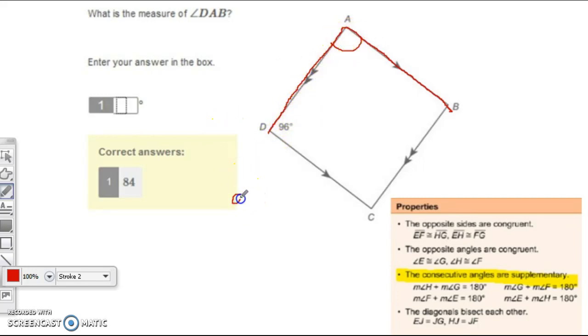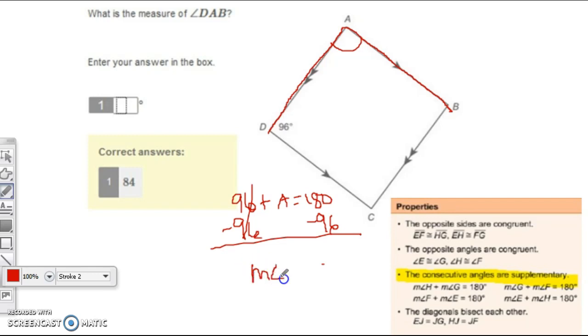So we could say 96 plus angle A equals 180, which is simply a fancy way of writing out the equation in order to say that you're going to subtract 96 from 180 to figure out your answer. So the measure of angle DAB is 84 degrees.